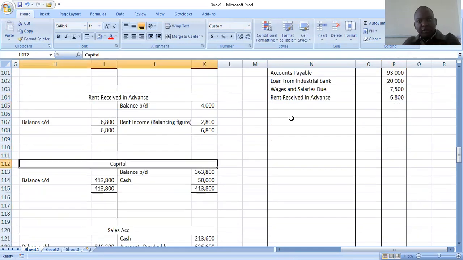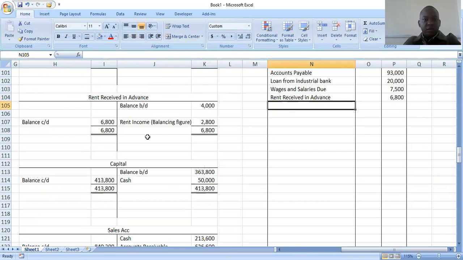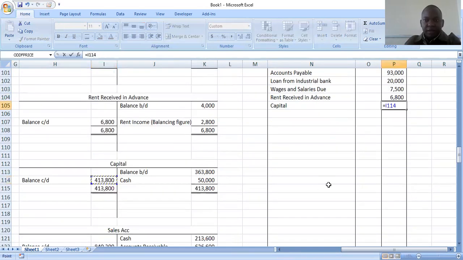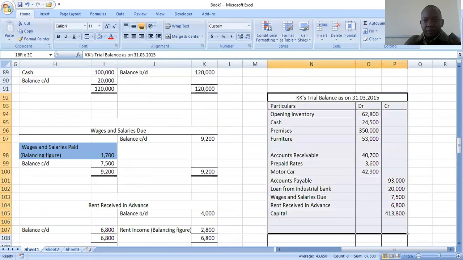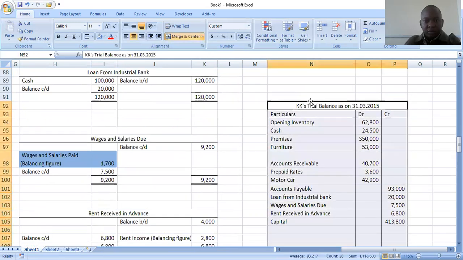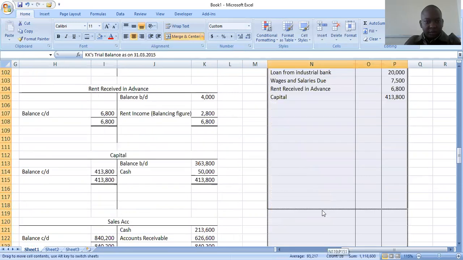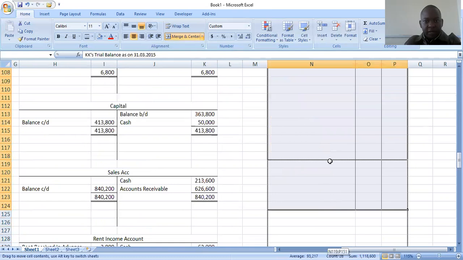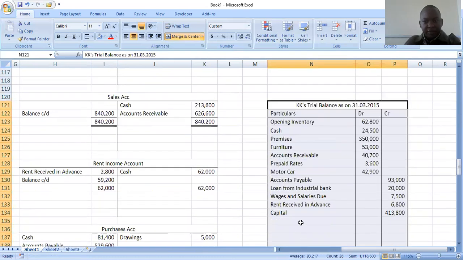Then we have capital. Capital always has a credit balance. So 14,800 is a credit balance. So we have it here. Drag this down. The next item we have is sales. Sales is a revenue.